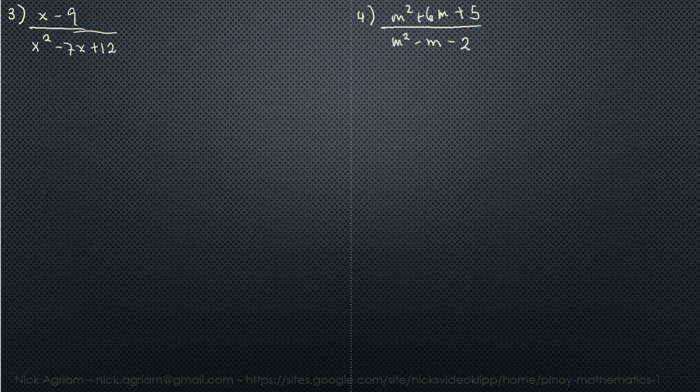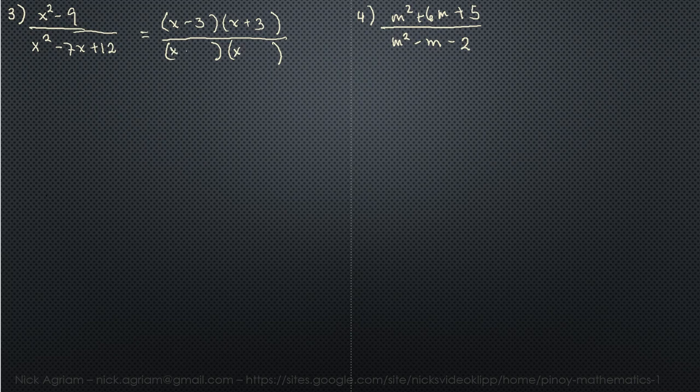x squared minus 9. x squared minus 9 is a sum and difference of two binomials. So we have x minus 3, x plus 3, as we have learned in factoring in module 1. And then if we can factor the other one also, we have 12. We have x and x, that's alright.